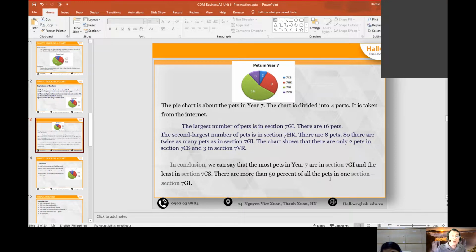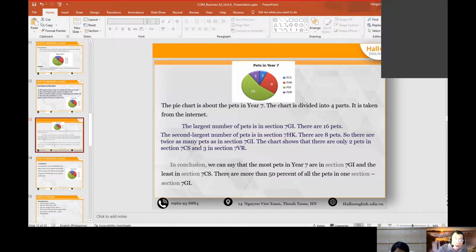If you are going to write a report, make sure that you have the introduction first, then the body. In the body, you need to discuss what happened. You need to interpret the graph by using the following.